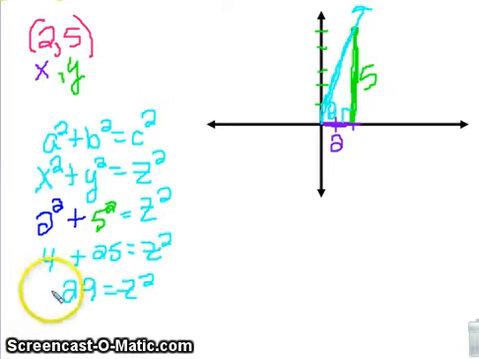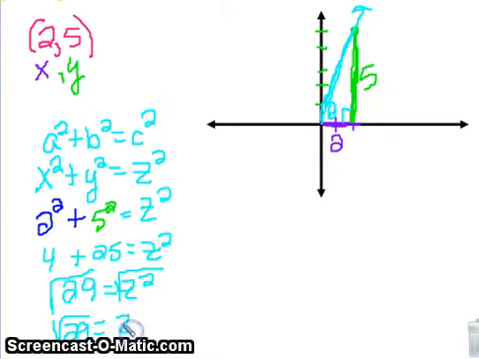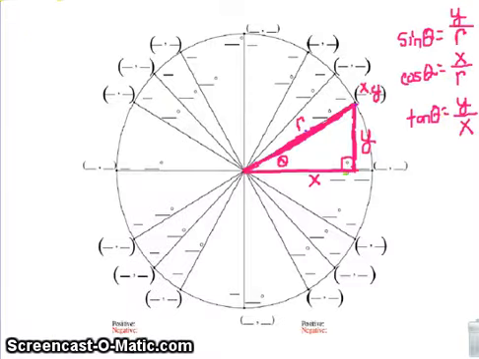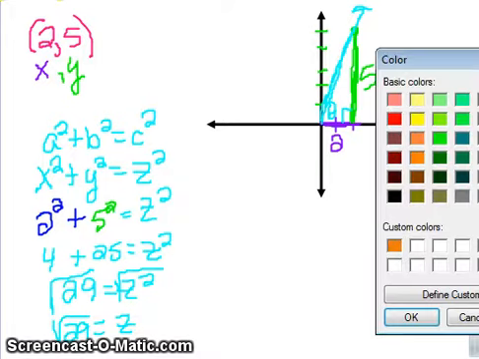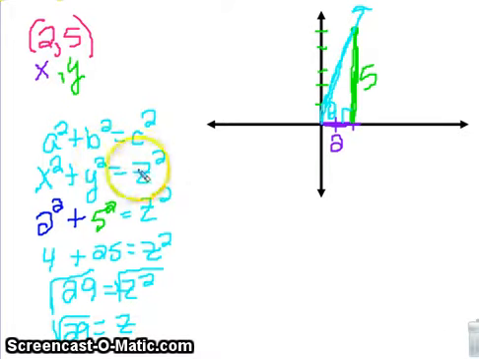Take the square root. Very good. So our z is going to be equal to the square root of 29. I put z. What should I have put? I'm getting tired. I didn't mean z. We used x, y, and r. I should have used r. Is that what you said? Sorry. I'm going to change this to r. R is going to equal the square root of 29.